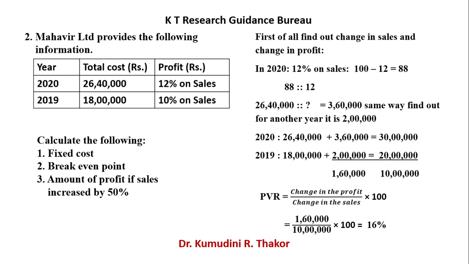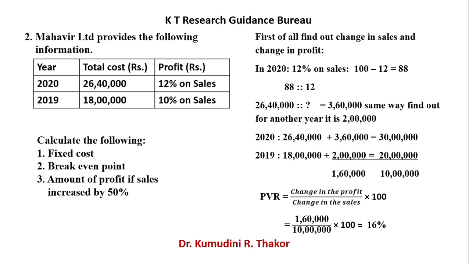In 20, 3,60,000, 19 it is 2 lakhs. So your difference is 1,60,000. And in 20 sales is 30 lakhs and 19 it is 20 lakhs. So the difference in sales is 10 lakhs.